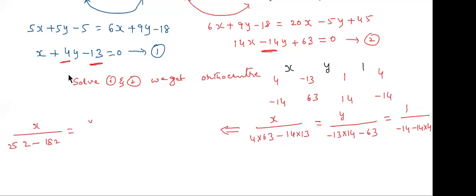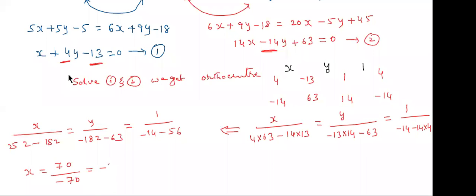That is equal to y divided by 14 into 13, 182, that is minus 182, minus 63. Okay, that is equal to 1 by minus 14, 14 4s are 56. Now finally, what is the x value, students? 252 minus 182, that is 70. 70 divided by minus 56 minus 14, minus 70.